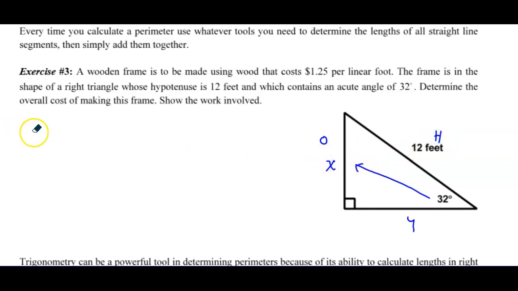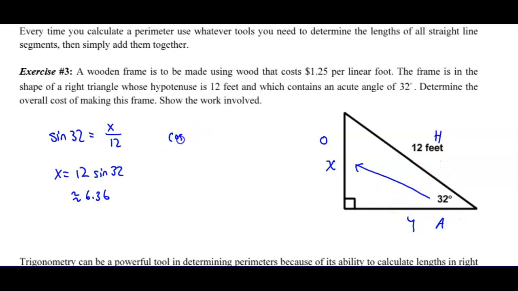So if I'm solving for x, I'm going to have a sine equation. So sine of 32 is equal to x over 12. So x equals 12 sine 32. And that's approximately 6.36. All right. And then if I'm solving for y, that's my adjacent side.